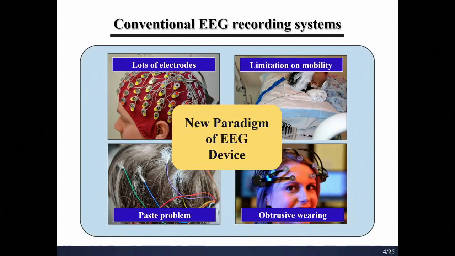Nobody wants to wear this kind of device in their daily life. So I think a new paradigm of EEG device will be highly required for anyone to use in their everyday life.